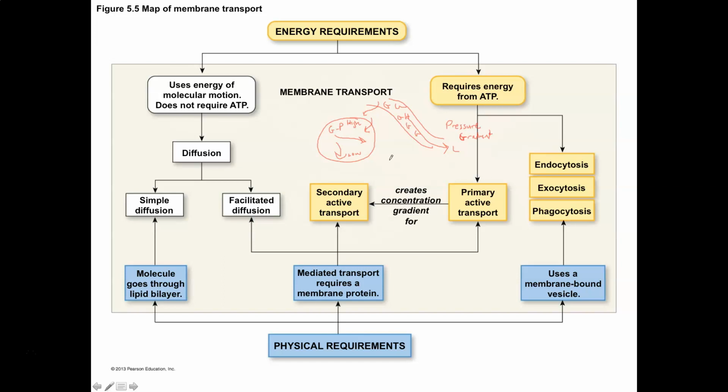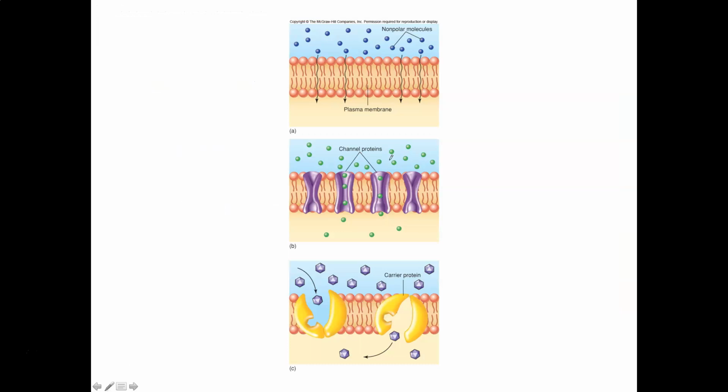In order to understand transport more fully, it's important to understand the concept of the plasma membrane being selectively permeable. So when you look at, say, a lipid bilayer, these are phospholipids here, and there's two of them here in a bilayer.